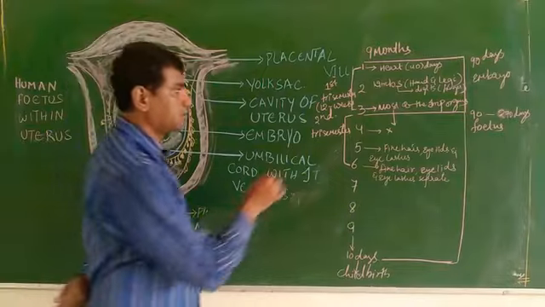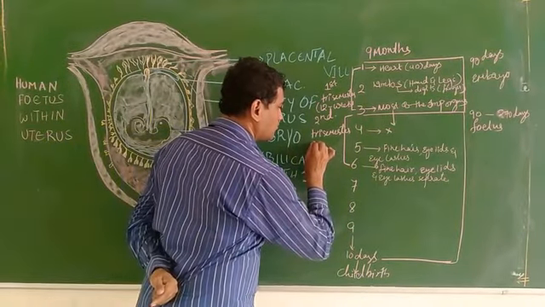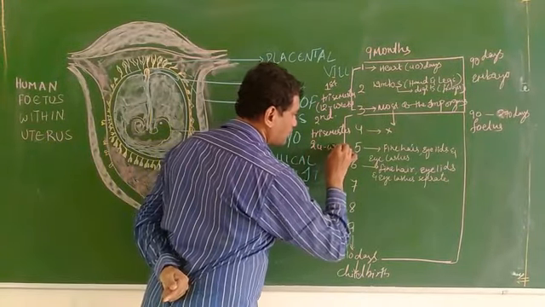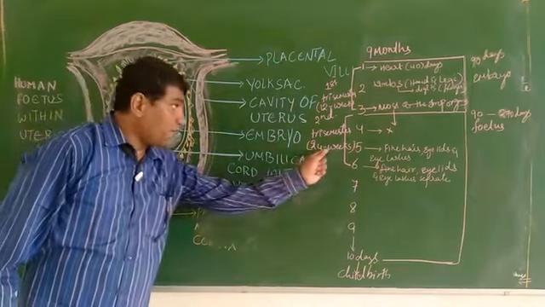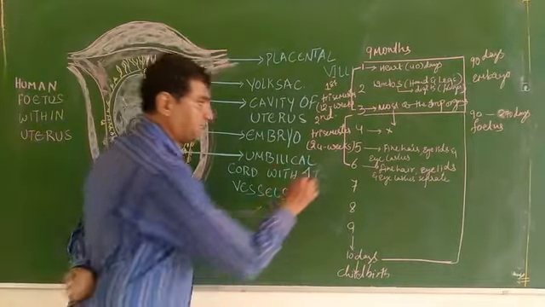The first trimester is 12 weeks. The second trimester is 24 weeks.